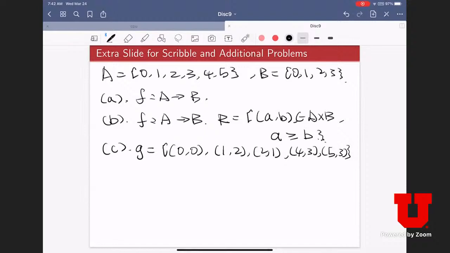And we claim that it is a function from A to B. So this one is actually false. Why is it false?